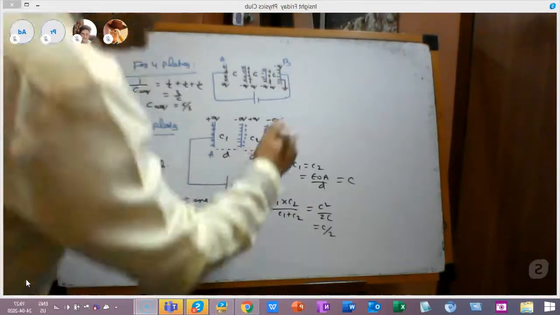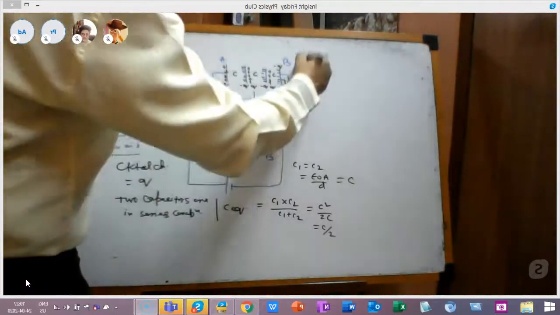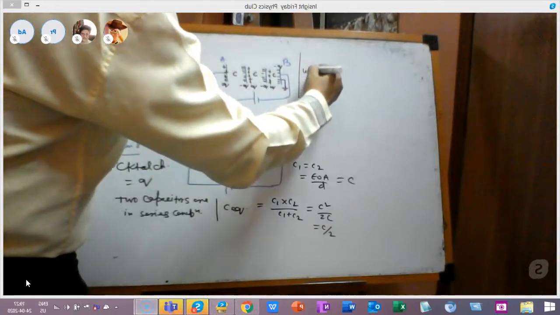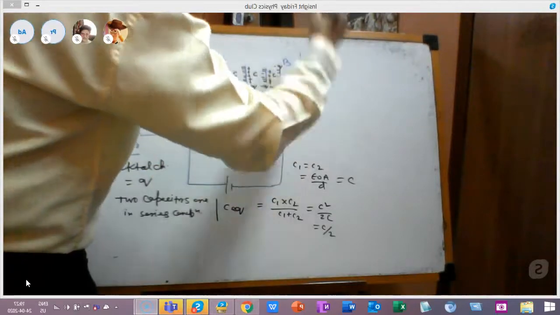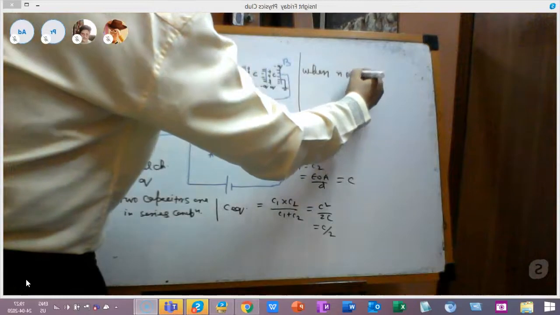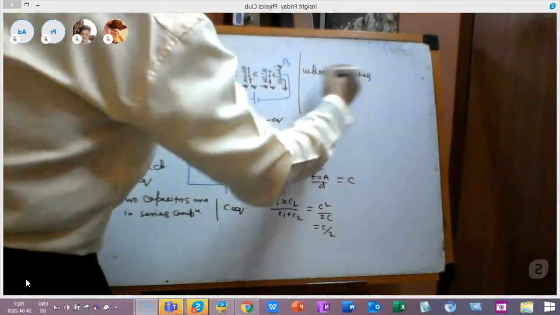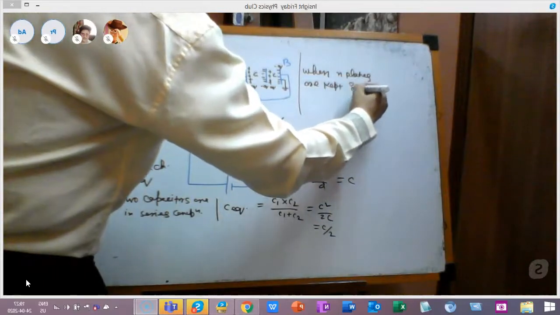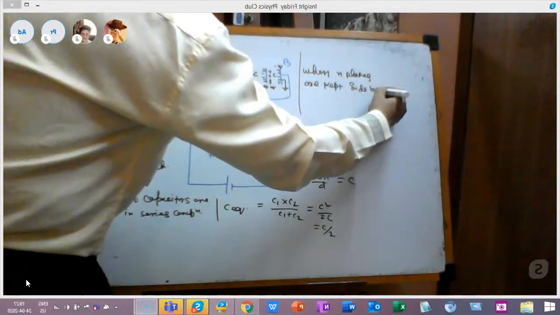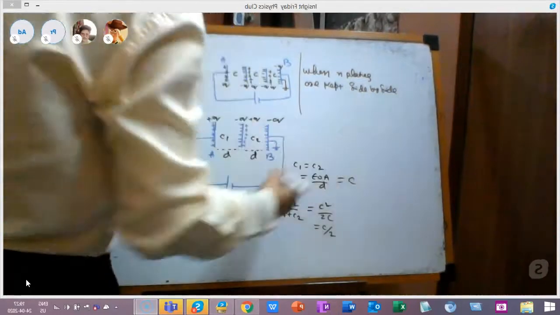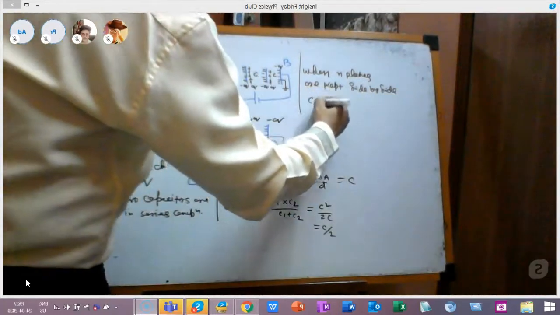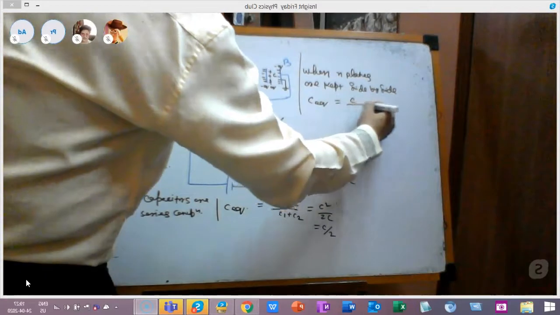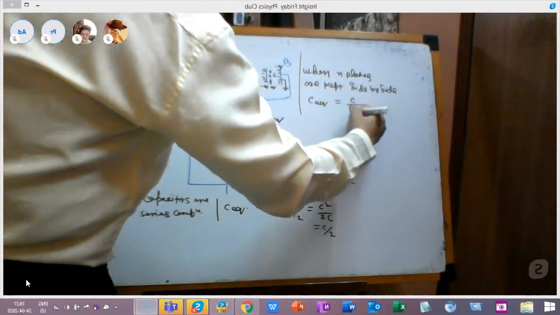Our conclusion will be: when n plates are kept side by side, C equivalent is going to be C by n minus 1.